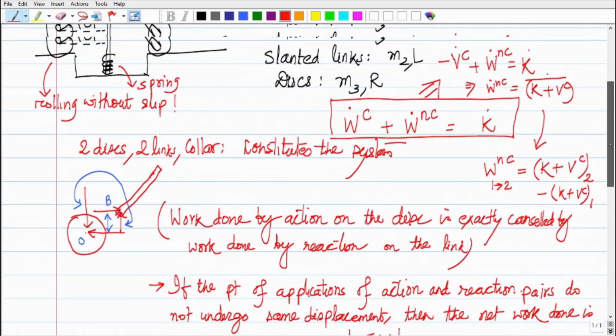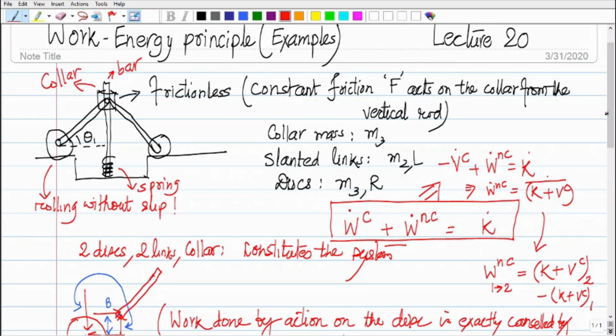Okay, so let's come back to this problem. So what is our goal here? So we want to find out the velocities and the angular velocities of each of the components of this system when we have an arbitrary theta.